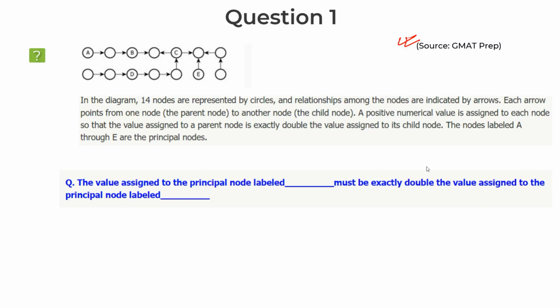Couple of you have said that the answer is D, comma A. Someone said it's C, comma E. Someone said it's A, comma E. Someone said D, comma B also. Someone said C, comma A. So there are a lot of different types of answers that I'm getting.